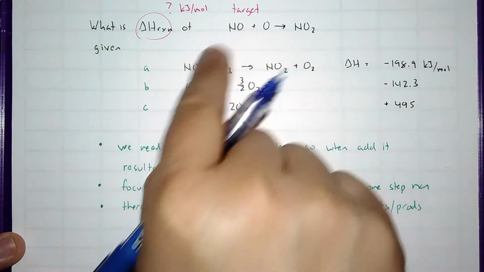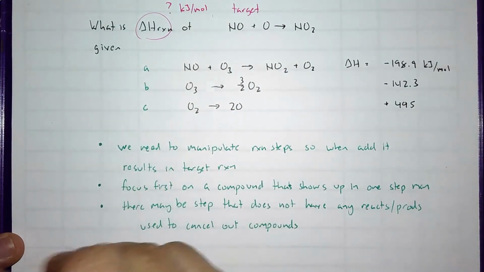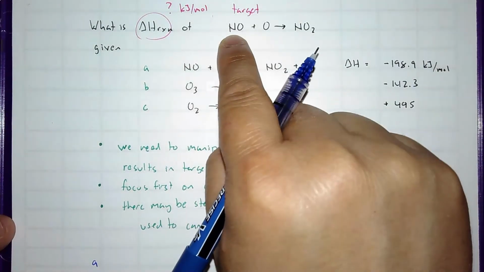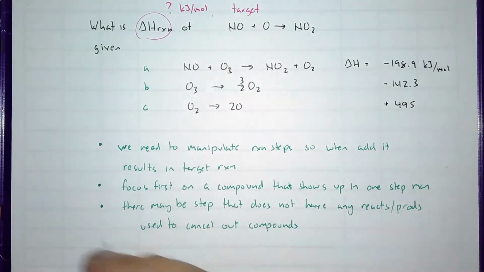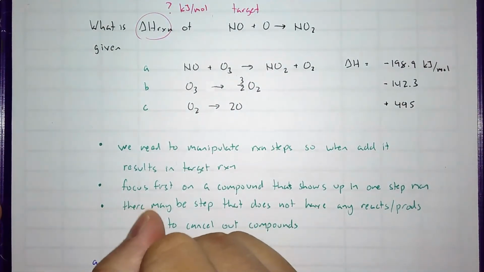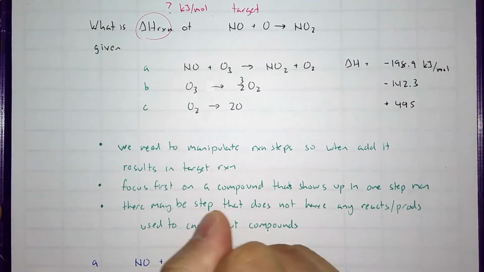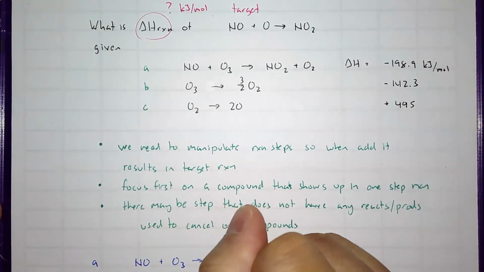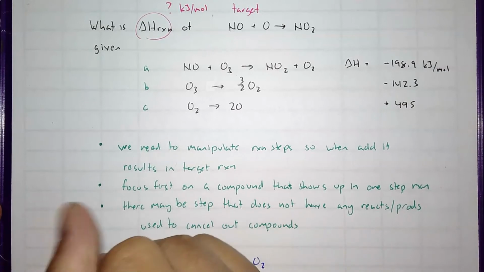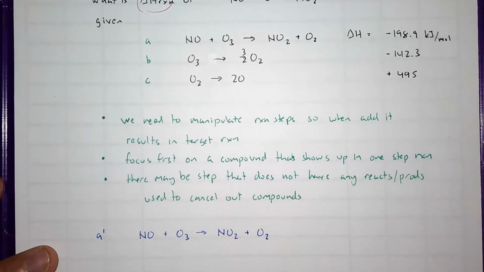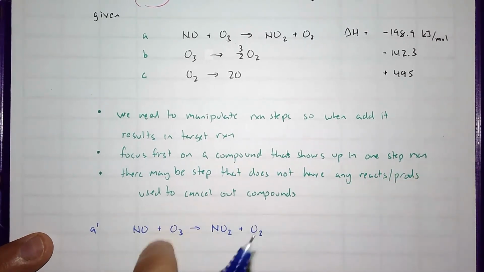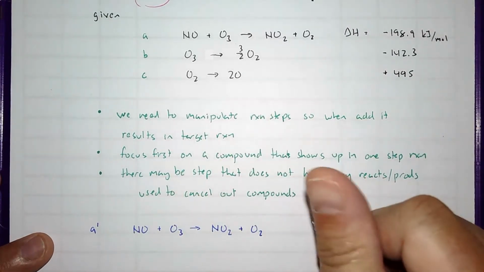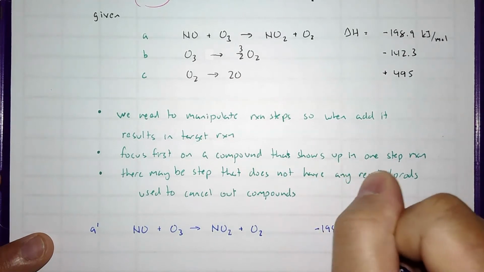I'm going to focus on NO because it only shows up in reaction A. So I am going to recopy A, and because it's already one coefficient on the left, I'm going to keep it as is. And I'm going to call this A prime, manipulated A, but I really didn't manipulate it. I just kept it as is. If you keep the reaction as is, you keep the delta H as is, 198.9.